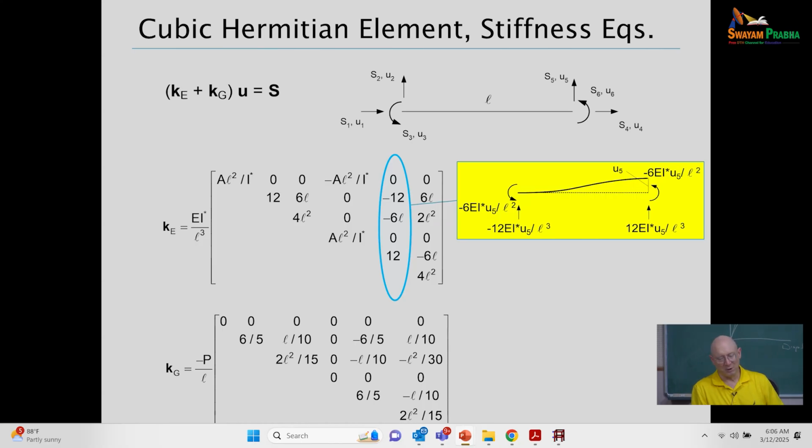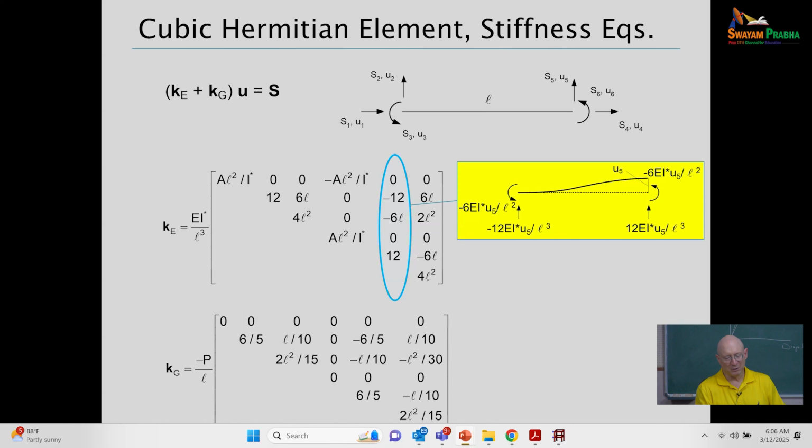If U5 is a unit displacement, this is telling me I'm going to get shears of 12 EI over L cubed, and I'm going to get end moments of 6 EI over L squared, right? So that's a fairly routine, basic result that we learned very early on in matrix structural analysis.